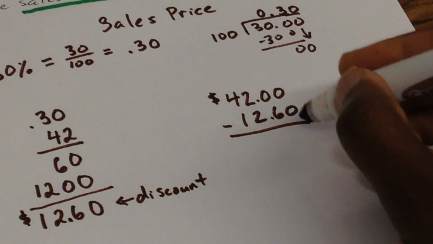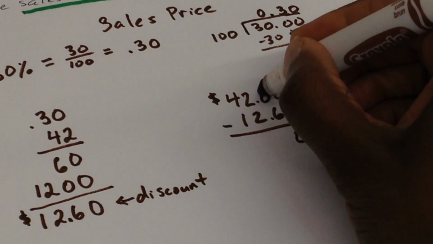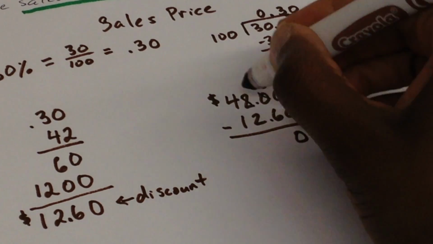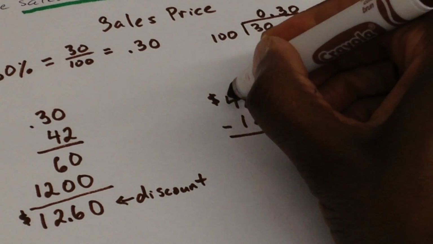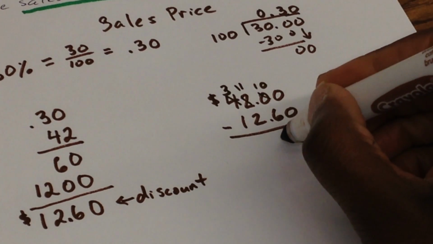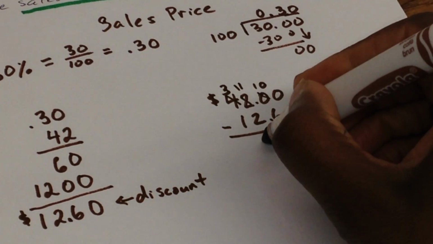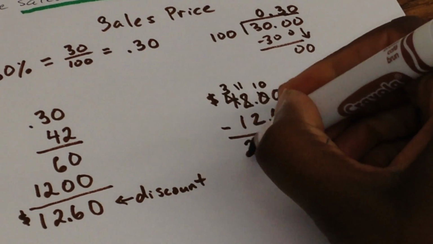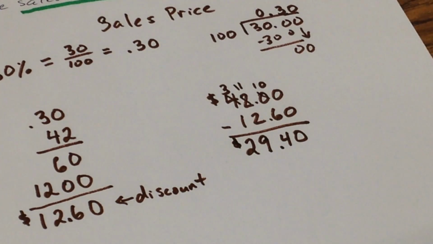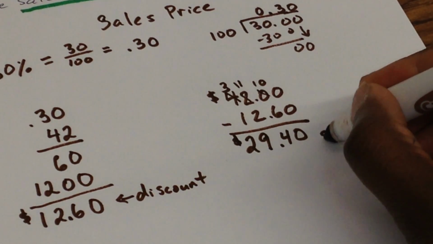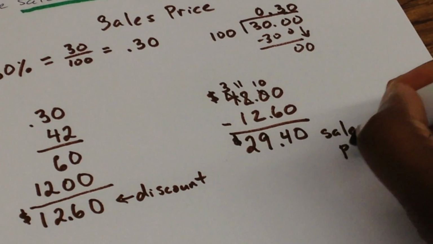Okay, when I do the math, I borrow, that's 10. This will become 11, and that'll be 3. This is going to be 4. That'll be 9. So now I come to $29.40. This is my sales price.